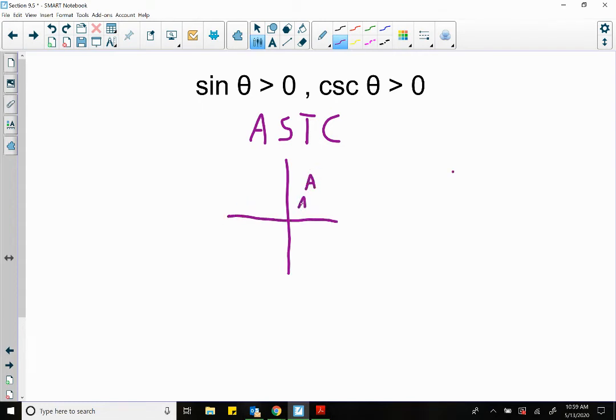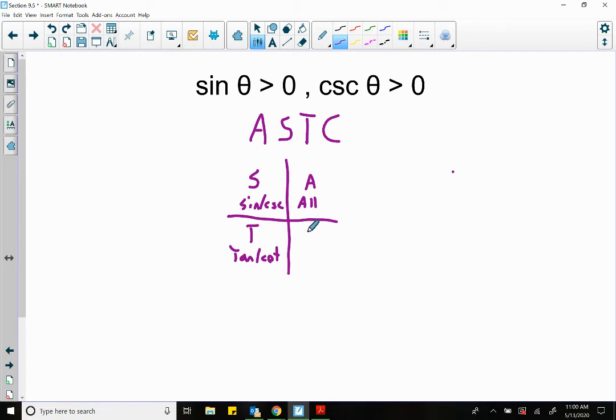A for all. S as in students, this is for sine and its reciprocal, cosecant. T, take, which is tangent and its reciprocal, cotangent.